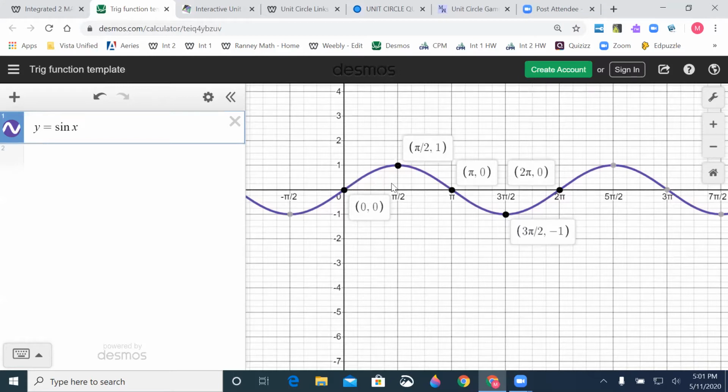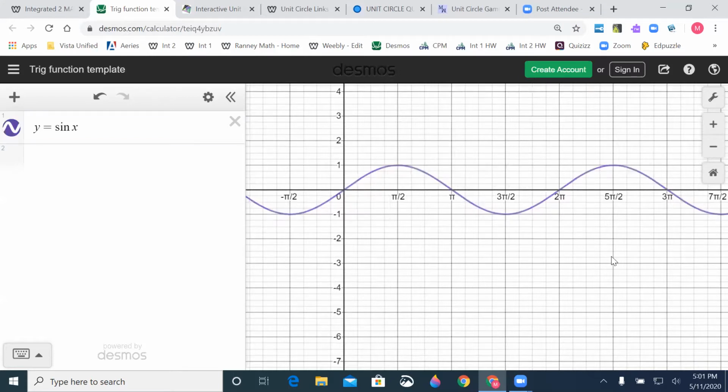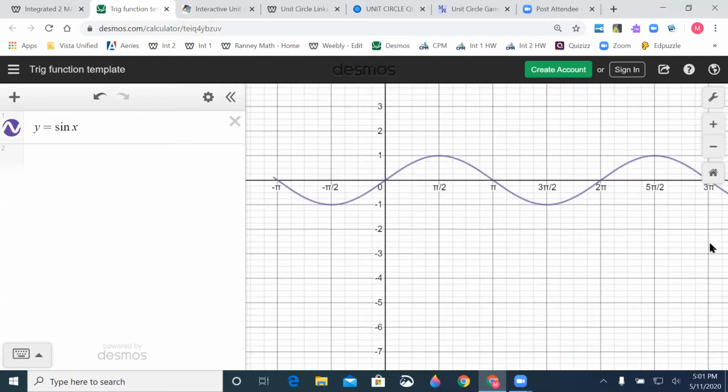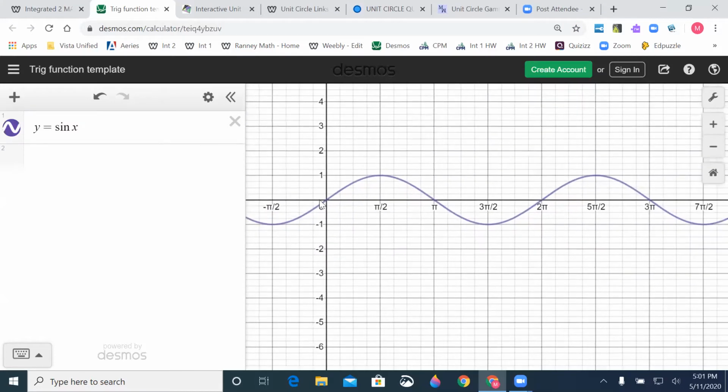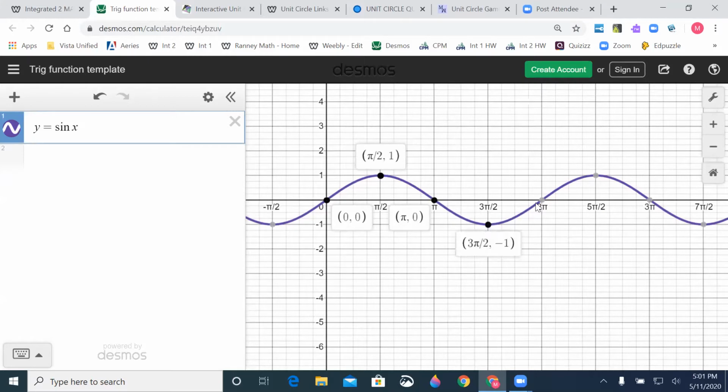Now, you'll see that this continues forever and ever in both directions as I move it, okay? We are going to be focusing on one cycle of it, one period, and what you'll notice is that once I get here to 2 pi, I'm going to continue going the same way that I just started.